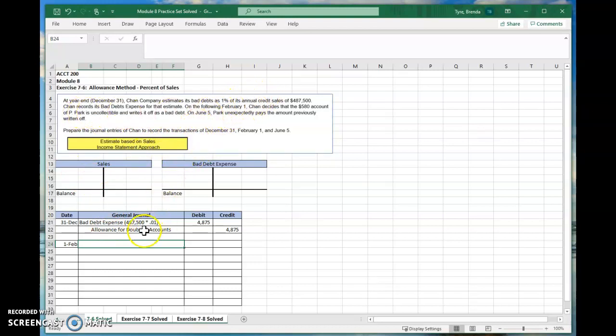We've got $580 that we are writing off. So we are going to now debit that allowance for doubtful accounts. And the amount that we will debit that for is $580.